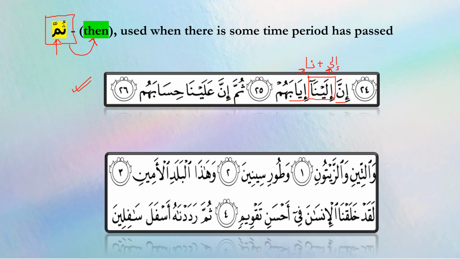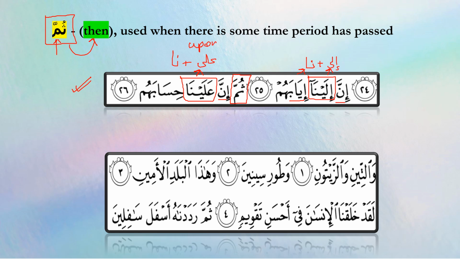And then thumma. This shows that there is some time period between the death of the person and when the accountability starts. And what is the sentence coming after thumma? Inna, indeed, alayna, ala plus noon. It's the same structure, changing to ya, and we get alayna, meaning upon us.